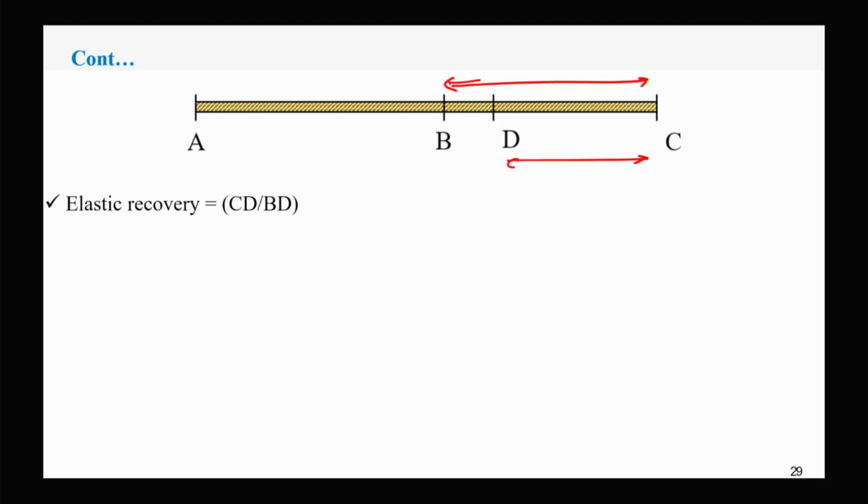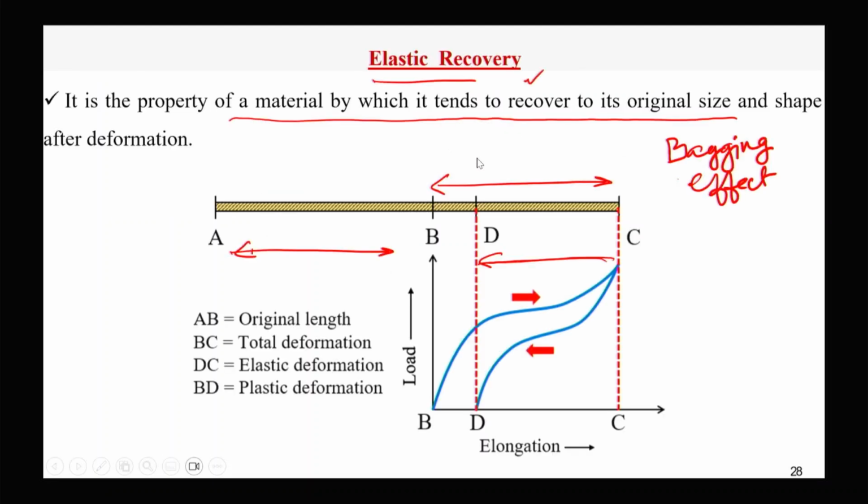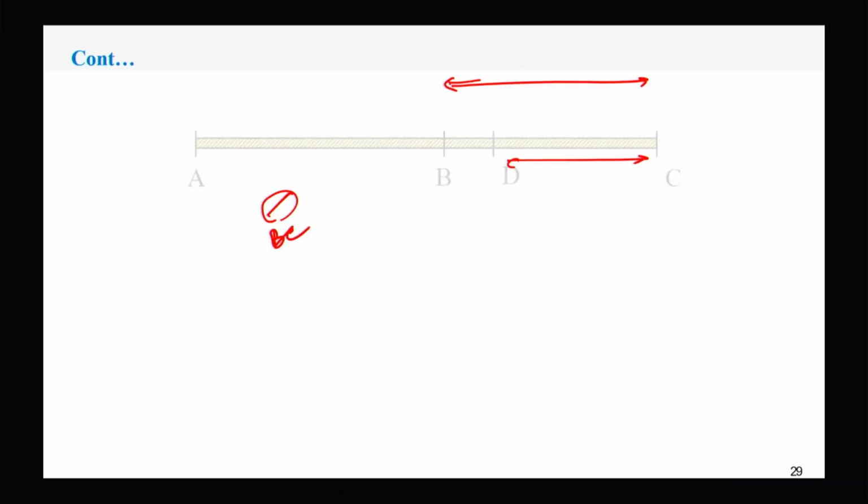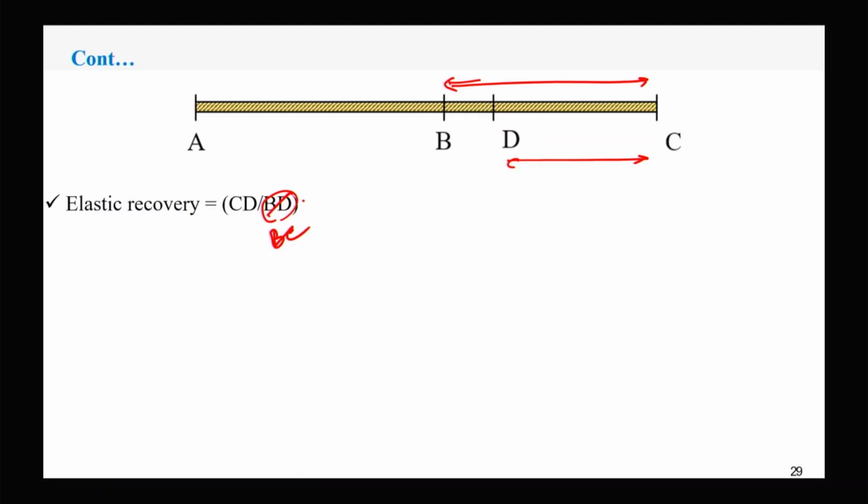As per the picture, elastic recovery will be CD by BC. It will not be BD here, because BD is the plastic deformation. So it's not CD by BD. This will be BC, total deformation.